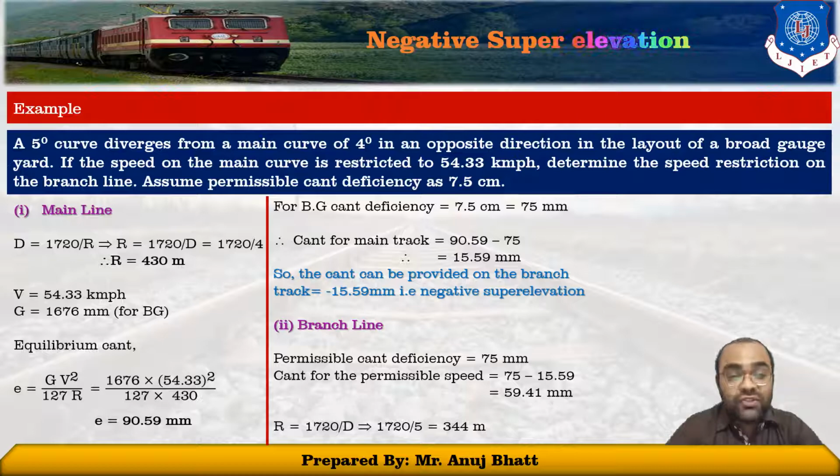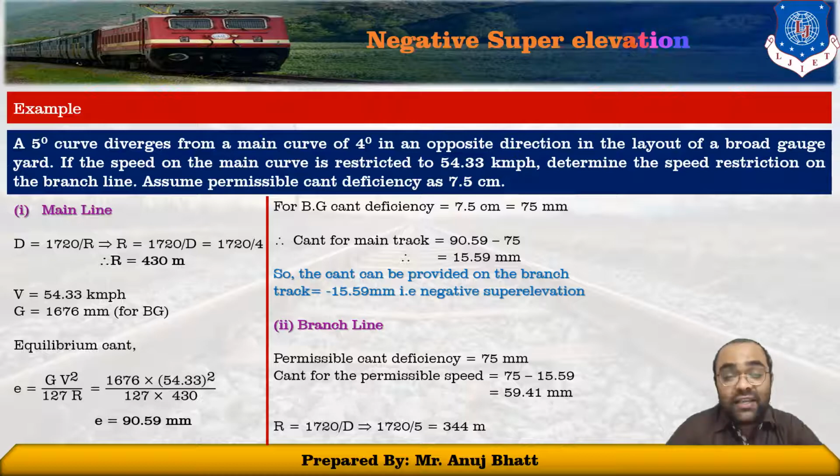On the broad gauge, the cant deficiency is 7.5 centimeters. If we convert it into millimeters, 75 mm is the cant deficiency. So the equivalent superelevation that we obtained, 90.59 minus 75, means we have to provide a cant on the main track of 15.59 millimeters.